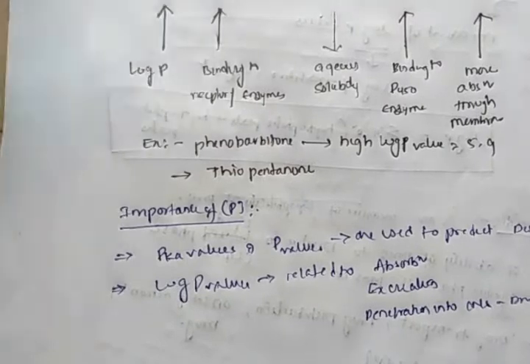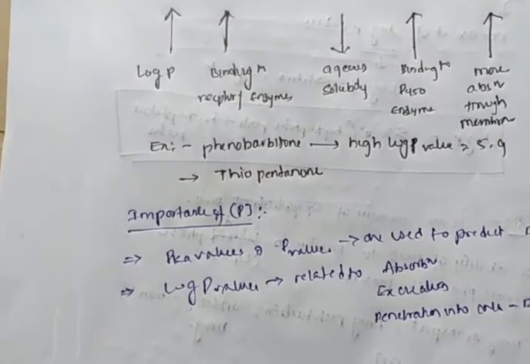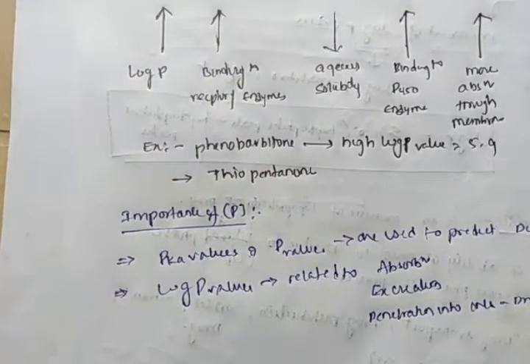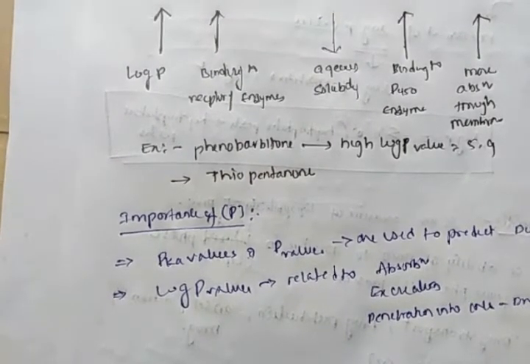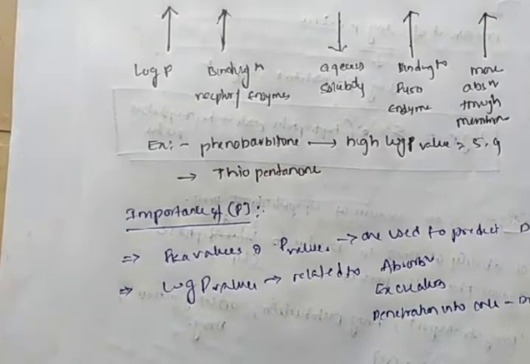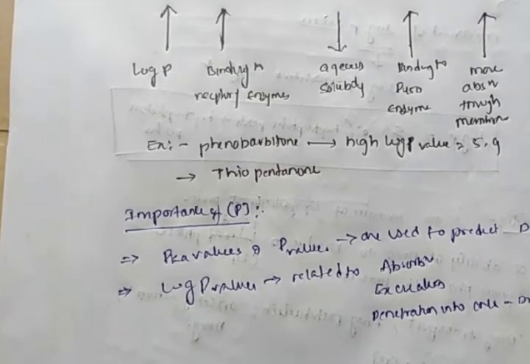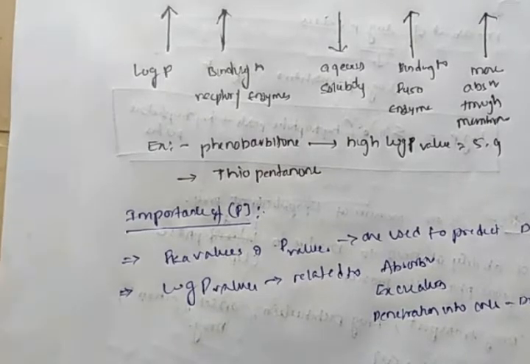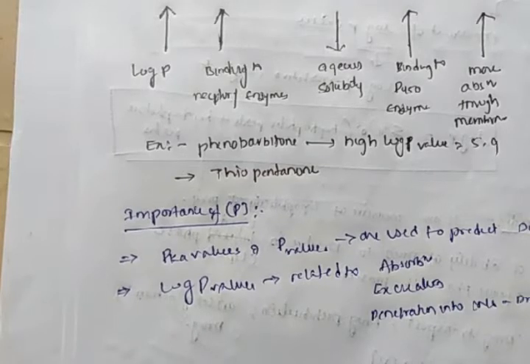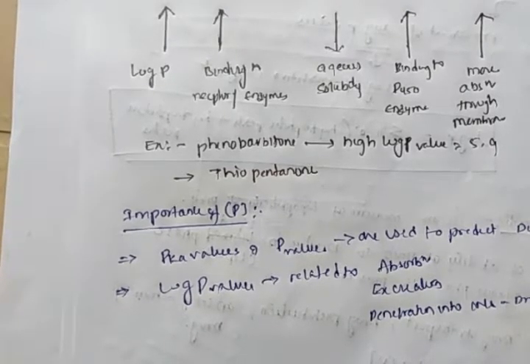So based upon the log P values, we can know the absorption nature of the drug molecule, the excretion nature of the molecule, as well as the penetration of CNS drug molecules. The log P values help us to decide the absorption rate, excretion rate, and penetration rate into the CNS.